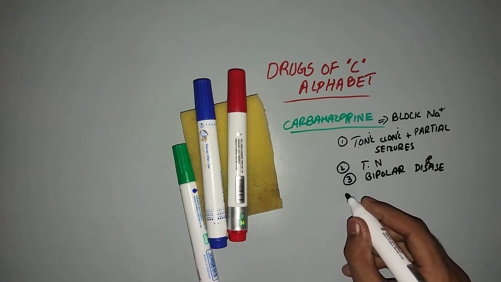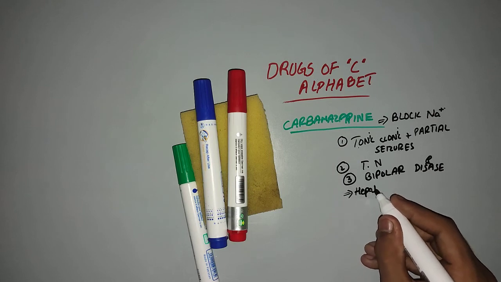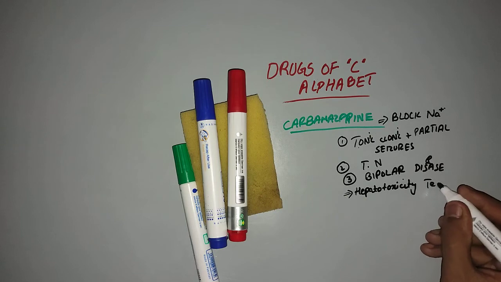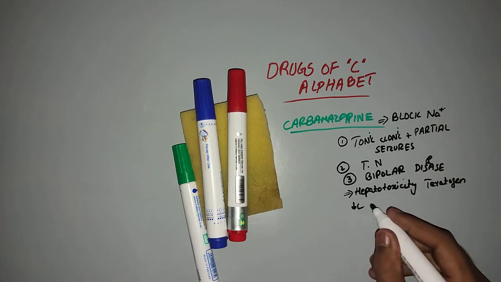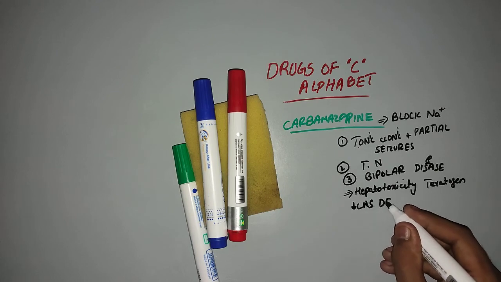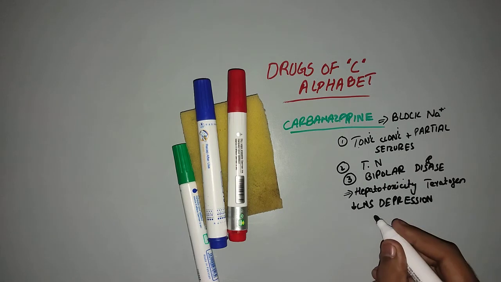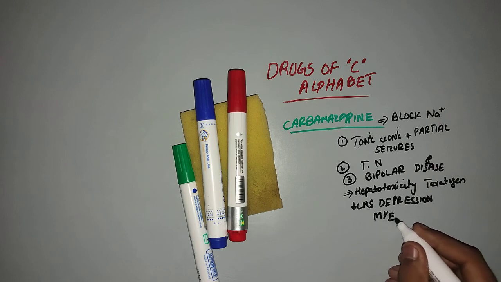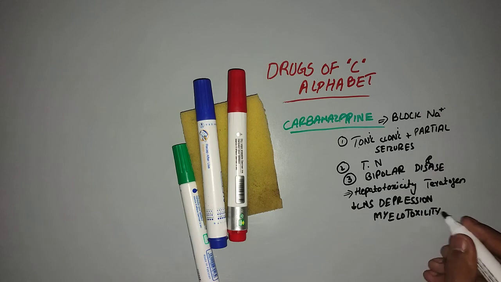These include hepatotoxicity, also teratogenicity, and it causes excessive CNS depression. This drug causes a lot of toxic effect to bone marrow, causing myelotoxicity. So these are the side effects of carbamazepine.